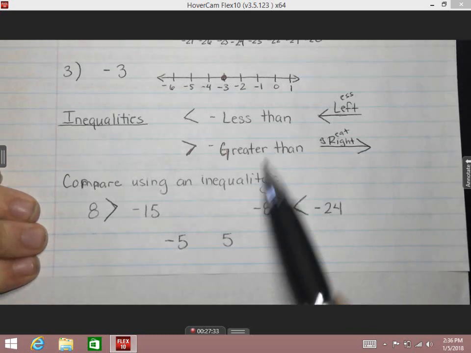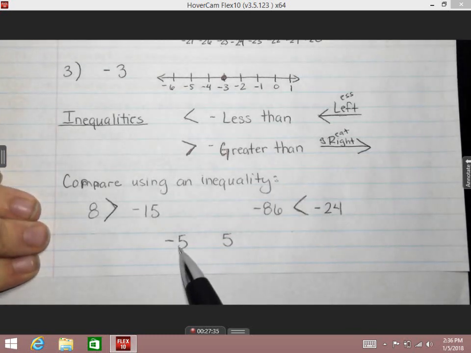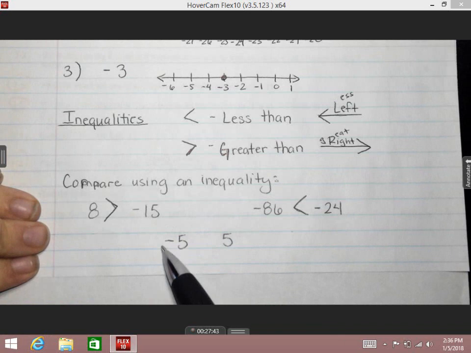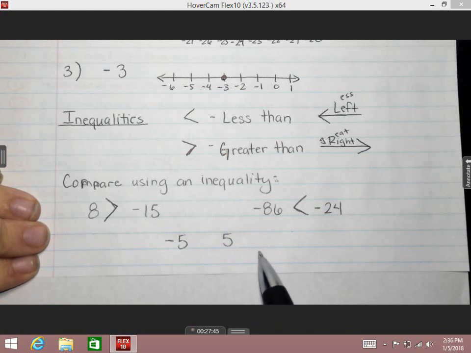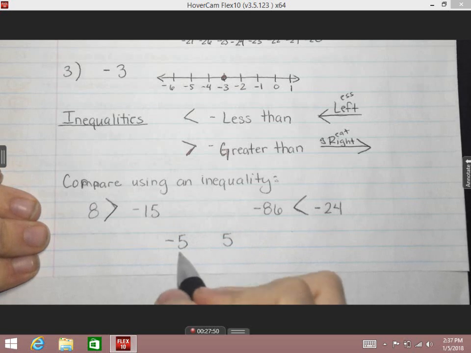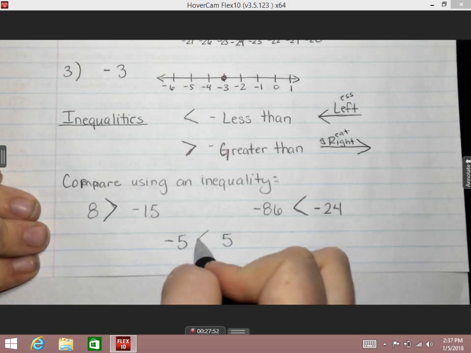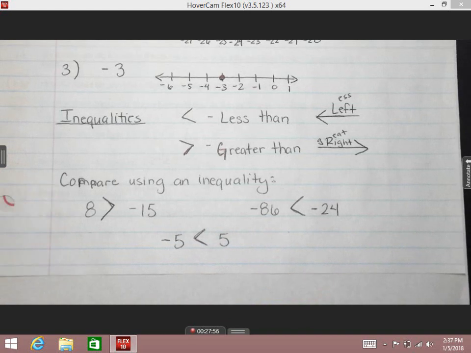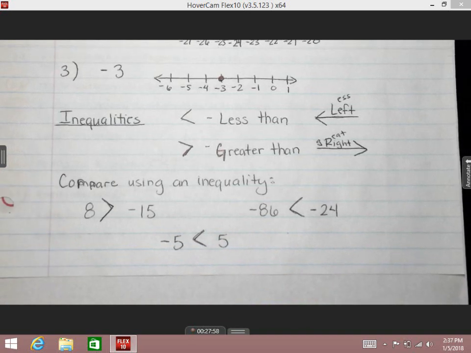So we can look up here, or if I just read this, negative 5 is what to 5? Five and 5 is equal, but since this one is negative and this one is positive, what symbol do I have to have in between them, Noah? Less than. A negative 5 is less than a positive 5. Pac-Man's going to choose positivity. Remember, Pac-Man loves positive.